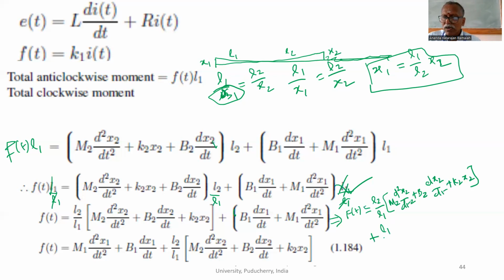Therefore, here also we will get L1 upon L2. Here, this is b1 dx1.